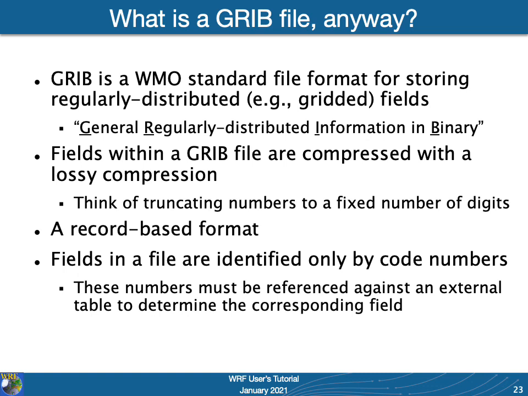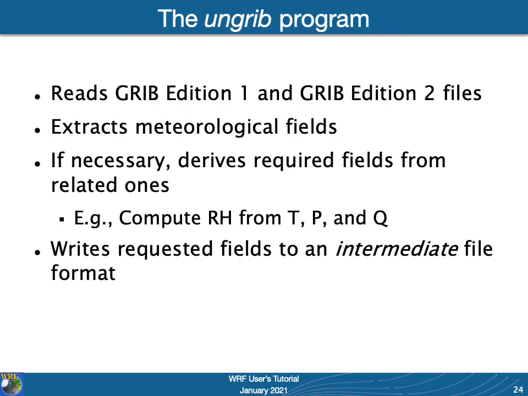So if you're given a GRIB file without any additional information, you would have a hard time figuring out which field is which. You would know that there's a field number 33 and there's a field number 61, but you wouldn't know whether field number 33 represents temperature or humidity or pressure or something else. So what we need is external tables against which we can reference these code numbers. And we'll see how that factors into the Ungrib program in just a few slides.